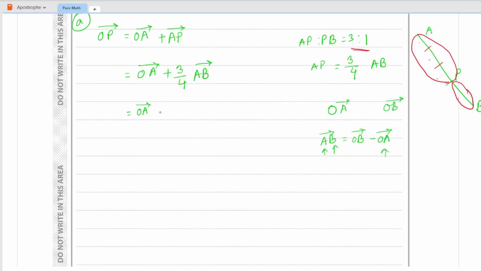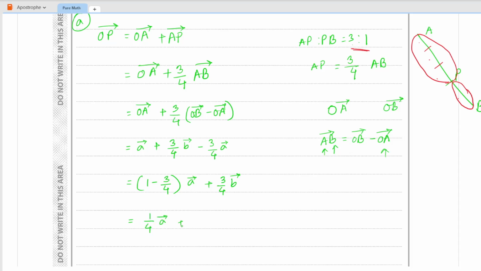OA plus 3 over 4 (OB minus OA), and if you just put down the unit vectors, you get 3 over 4 B minus 3 over 4 A, and we will write it like this. So from here we get 4 minus 3 is 1, so 1 over 4 A plus 3 over 4 B.